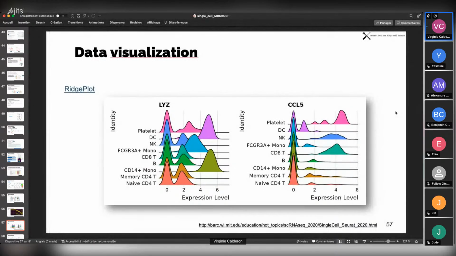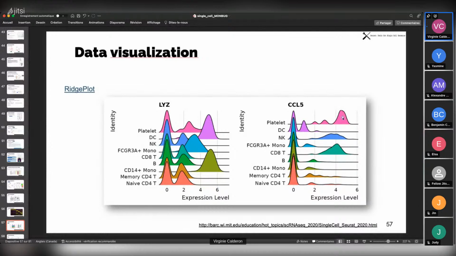Another way to look at data, and I found it interesting, is the ridge plot. This type of representation allows you to find subtle changes. For example, here, if I look at the CCL5 gene in the platelet, we see that we have different levels of expression.